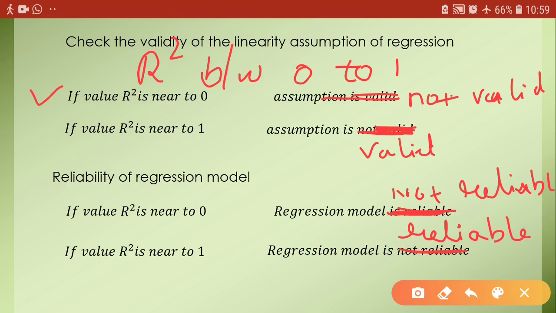I promise you there won't be any situation where you get exactly 0.5, because we don't have a solution. Even the textbook has not mentioned what to do in case r square is 0.5. They have stated that r square should be near to 0 or near to 1. If you get 0.59, then obviously it is near to 1, because it is on the upward trend.